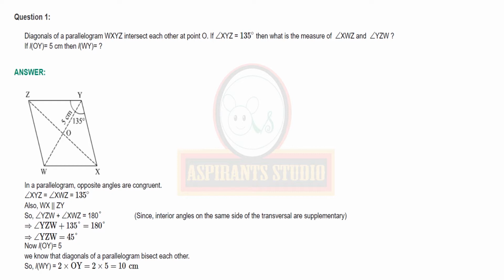Interior angles on the same side of the transversal are supplementary, so we get measure of angle YZW plus measure of angle XWZ is equal to 180 degrees. Instead of therefore, you can write implies. This symbol is implies. You can also write therefore.